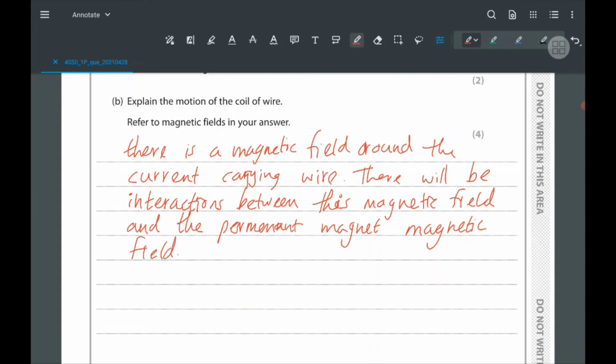After this interference, there will be a resultant force due to that.